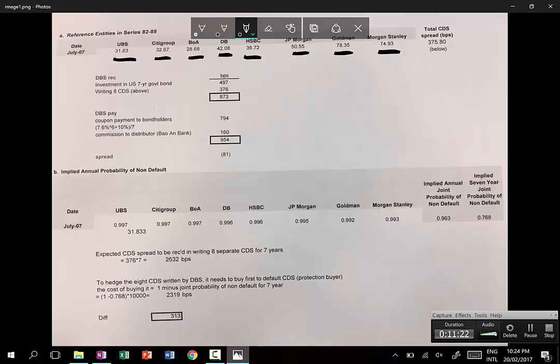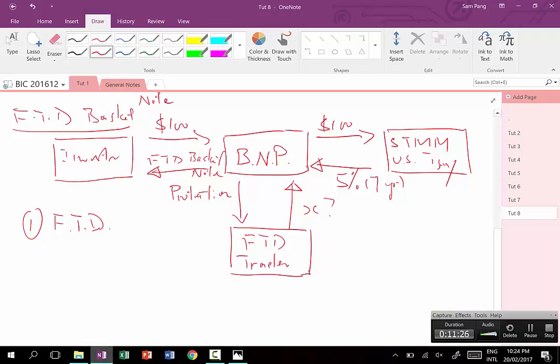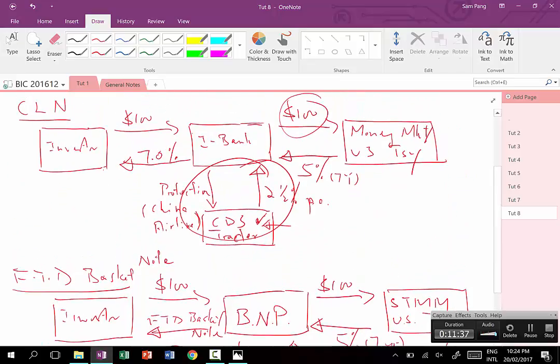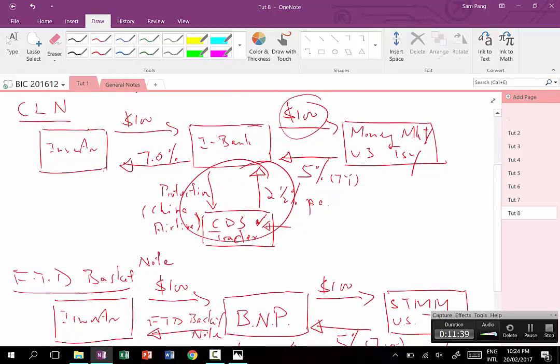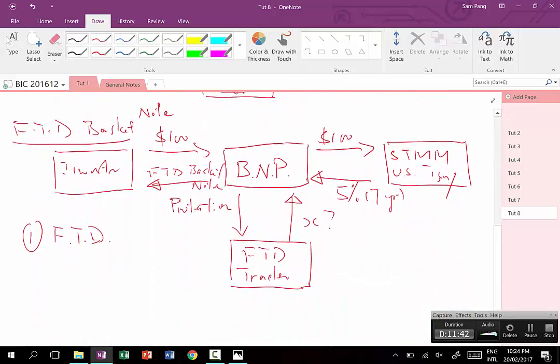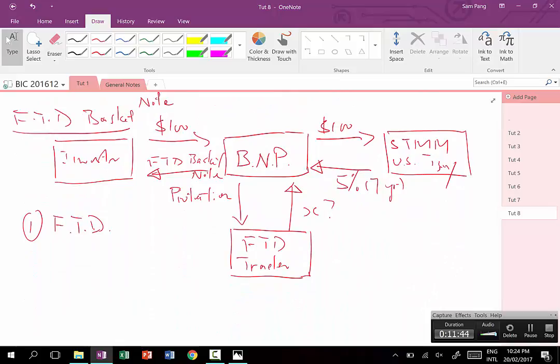So let's say Morgan Stanley defaulted, then what would happen with the investor is they would have to take the loss as if they actually bought a credit-linked note where Morgan Stanley was the underlying risk that they are taking.